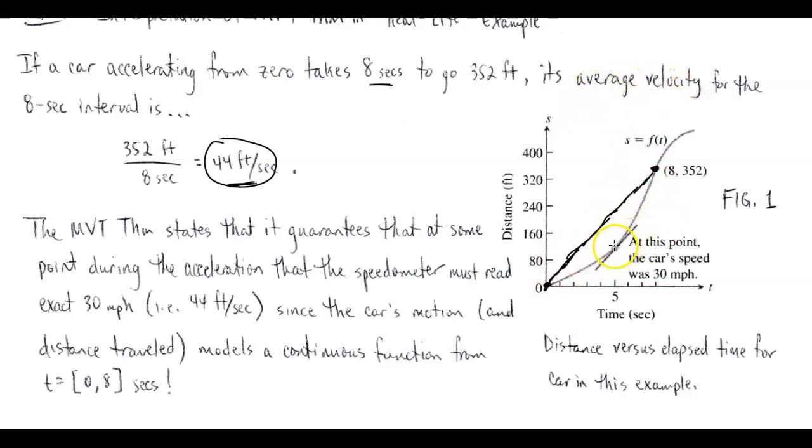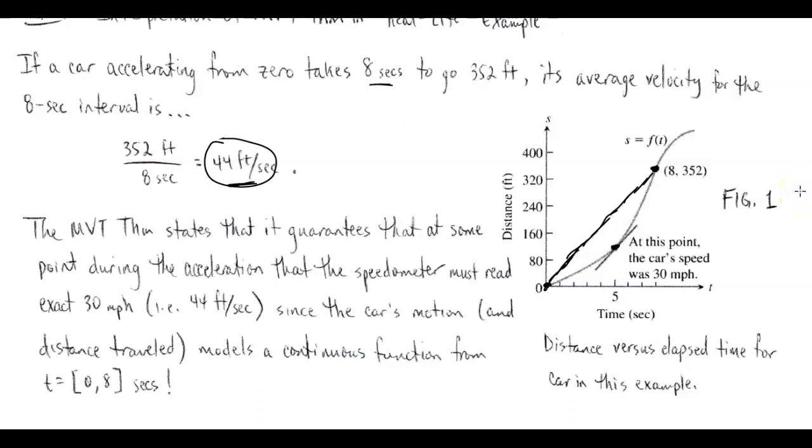And we know there would be some point on the graph of this function, which measures the position of the car, where we can ask, at what point was the car going the same velocity as the average velocity from 0 seconds to 8 seconds? We can guarantee that the car did that at some point in between x equals 0 and x equals 8. Okay, so that's another way we can interpret the mean value theorem.